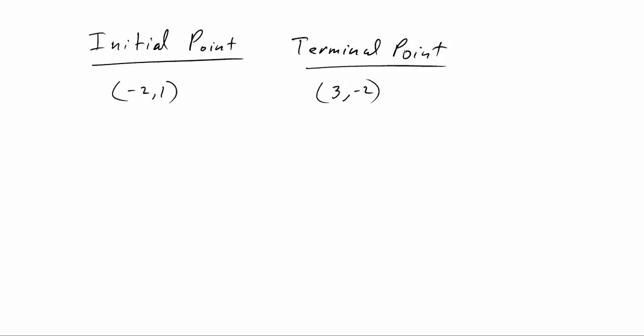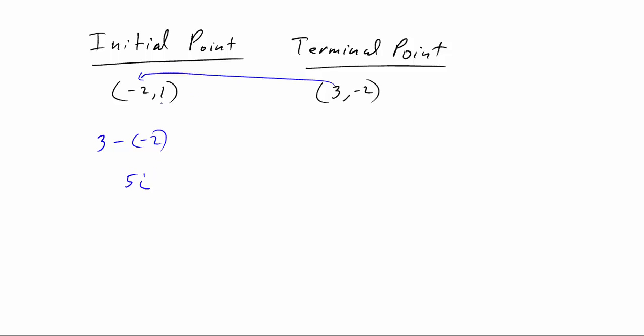We're simply going to take the terminal point and subtract away the initial. So that means we would take 3 minus -2, which would be +5, and that would be 5i.